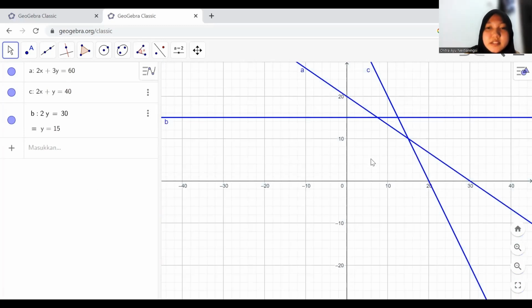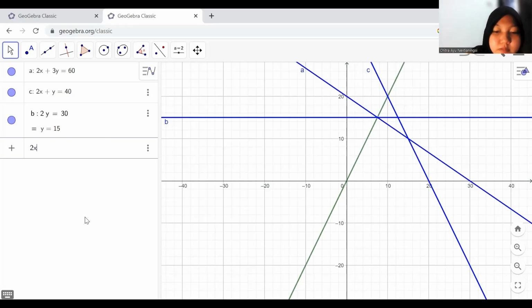And this is the area, and when we want to look at the feasible region, we can gather all the constraints and we can look at the feasible region.